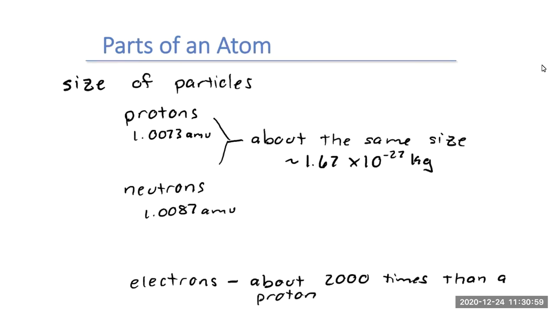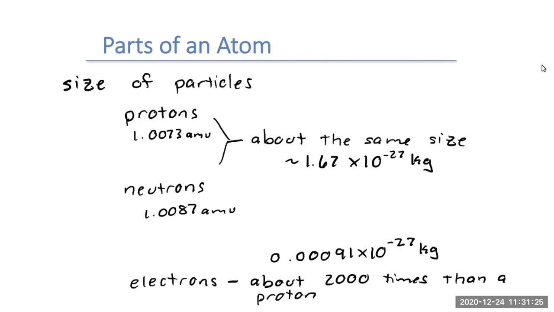If we look at the electron's mass, the electron is about 0.00091 times 10 to the negative 27th kilograms. So you can see that's a lot smaller than our proton or neutron.